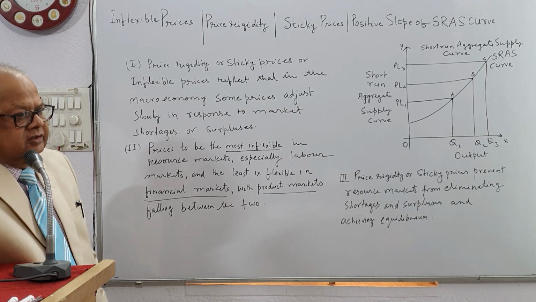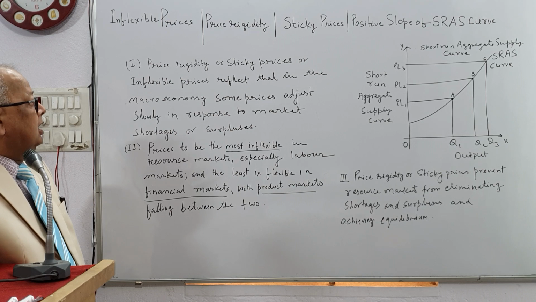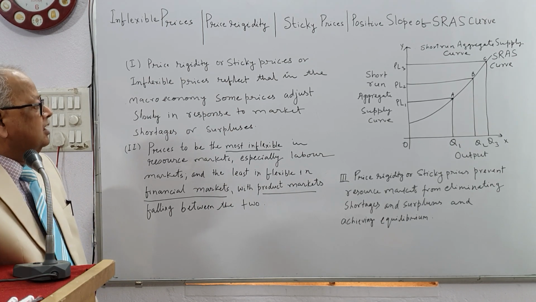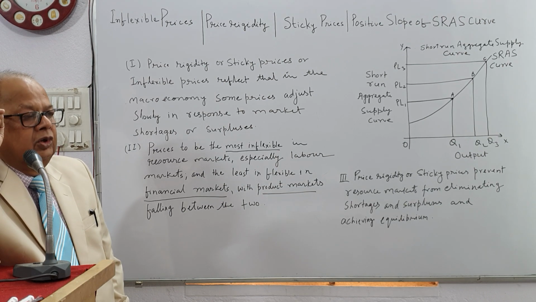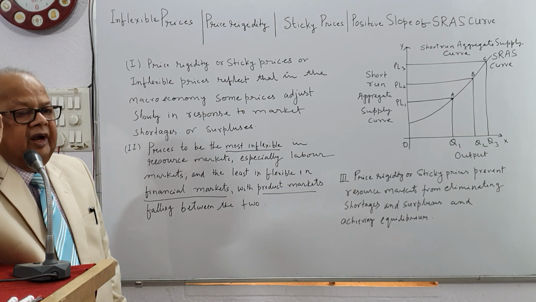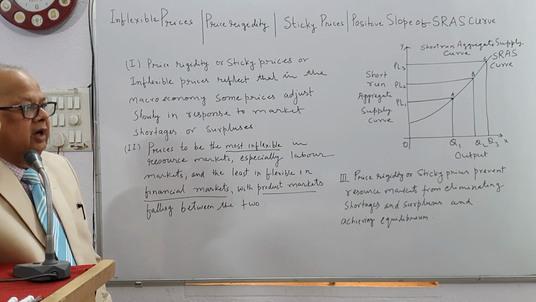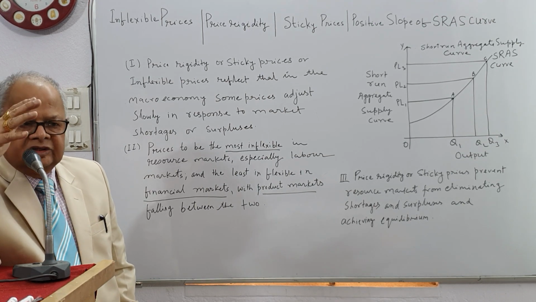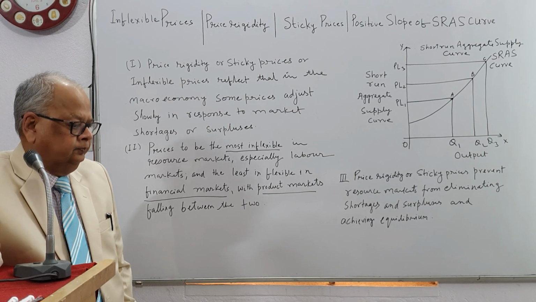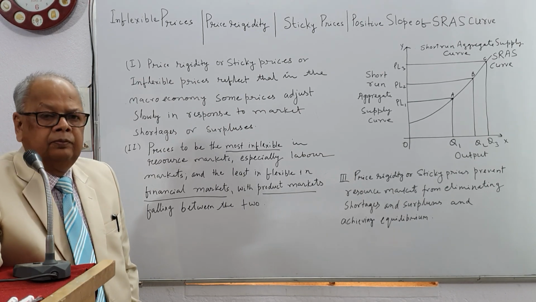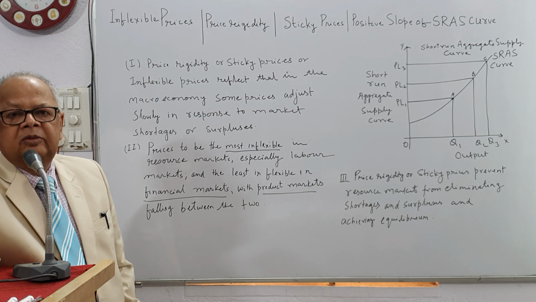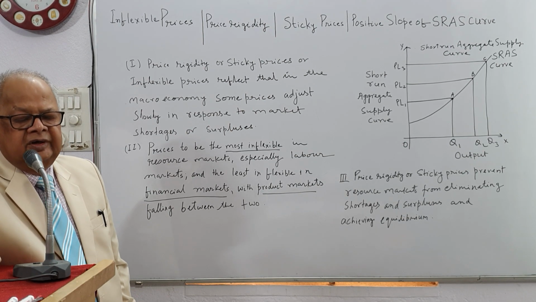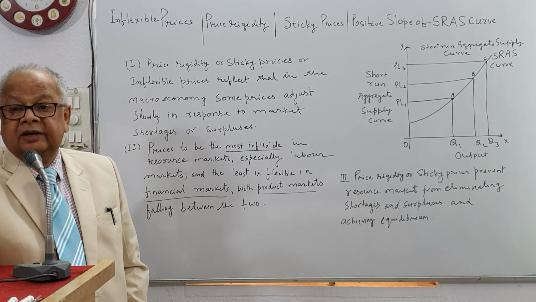One of the factors is price rigidity or sticky price or inflexible price, which reflects that in the macroeconomy there are several types of prices: prices related to the commodity market, product market, and prices related to the resource market.